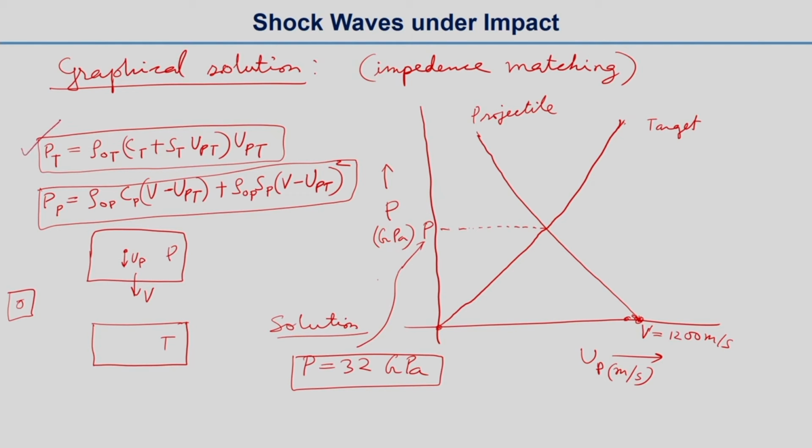We know the relation between the pressure and the particle velocity, because we have the other parameters, the density and the parameters C and S, for the target. We started from this point and got this curve for the target, and similarly we have another curve which starts from v equal to 1200 meter per second, that is the maximum particle velocity, and that curve looks like this.